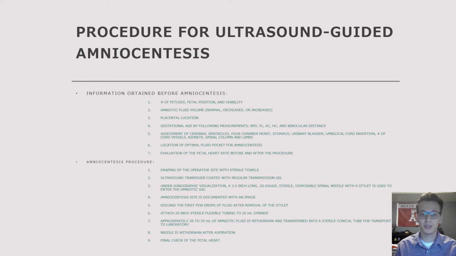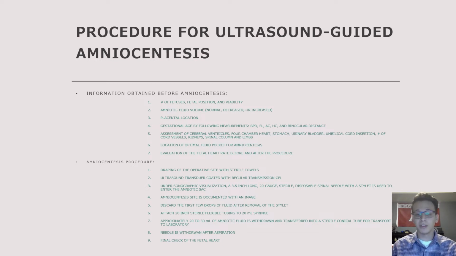Also, we need to assess the cerebral ventricles, the four-chamber heart, the stomach, the urinary bladder, the umbilical cord insertion, the number of cord vessels, the kidneys, the spinal column, and the limbs. Basically just a normal assessment when you're going through your scan of the fetus. We also need to locate the optimal fluid pocket for amniocentesis, where it's largest and where we need to extract from. And you need to evaluate the fetal heart rate before and after the procedure.